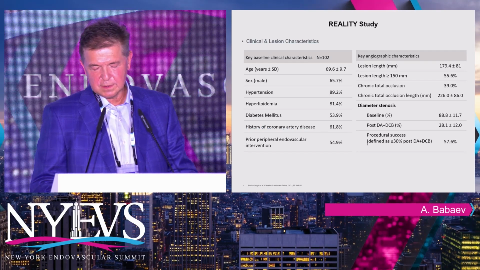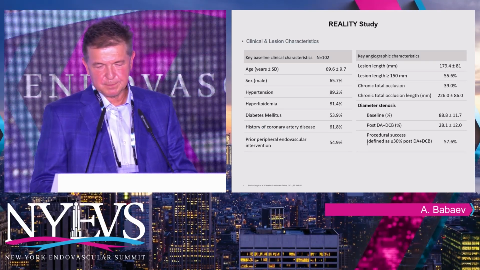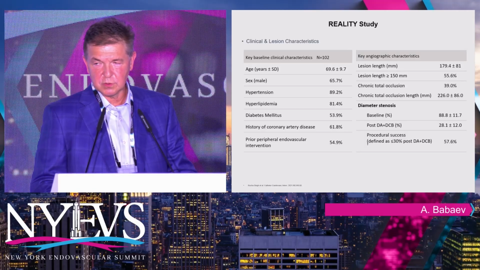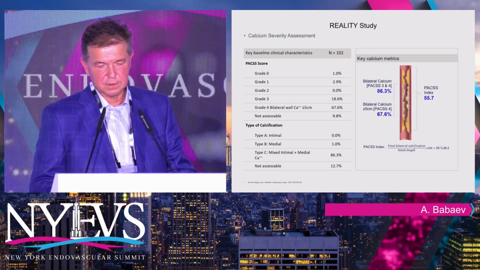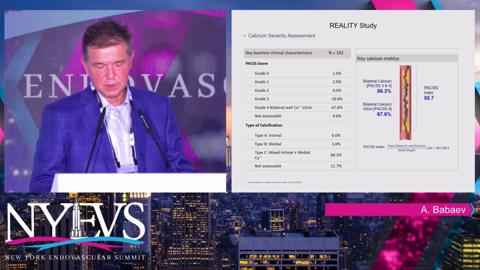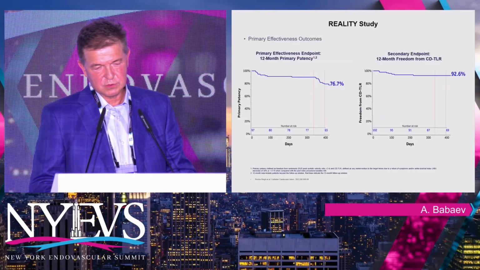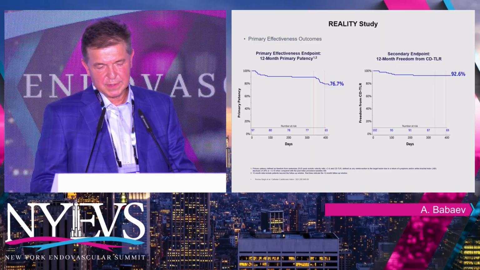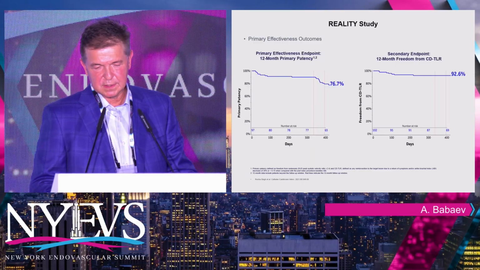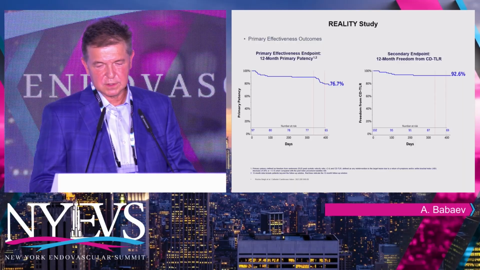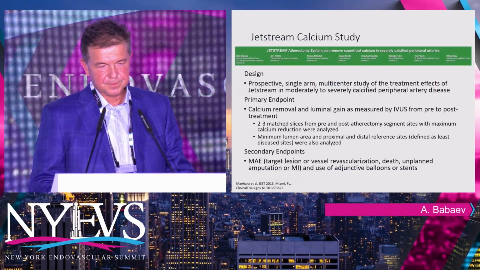They studied really challenging lesions, with a lesion length of 179 millimeters, with CTO being about 39%. Those lesions were truly calcified. Despite that, they got a pretty good result. You see that 12-month primary patency was about 77%, and 12-month freedom from CD-TLR was almost 93%.